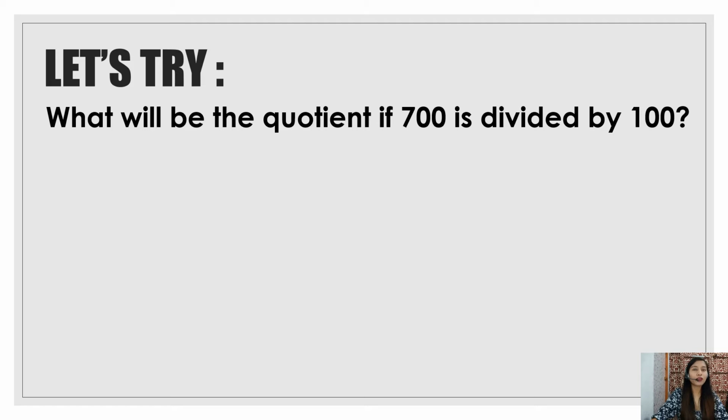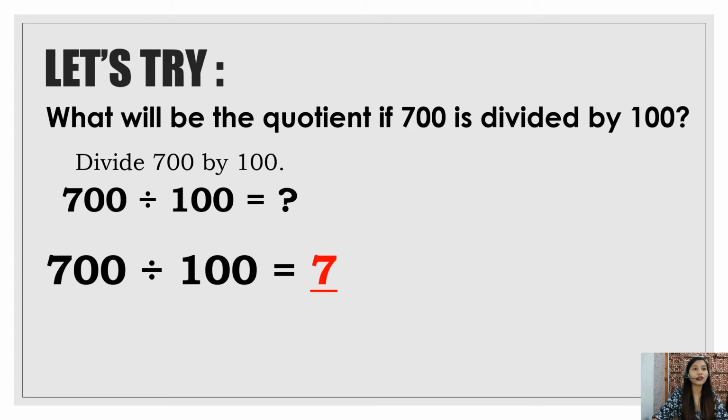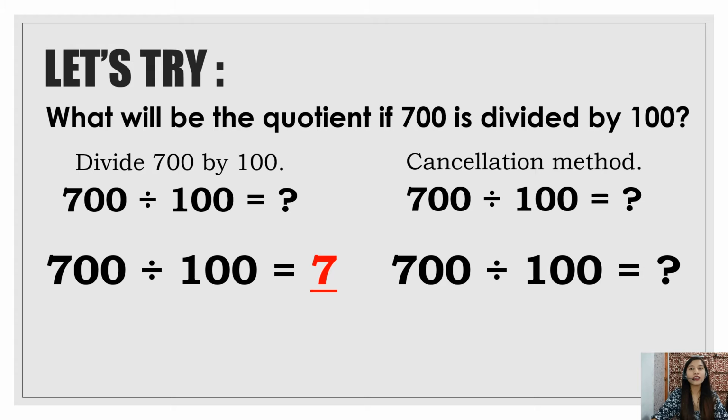What will be the quotient if 700 is divided by 100? You have to divide. What do you think is the answer? We divide 700 by 100. 700 divided by 100 is equal to 7. We can also use the cancellation method.